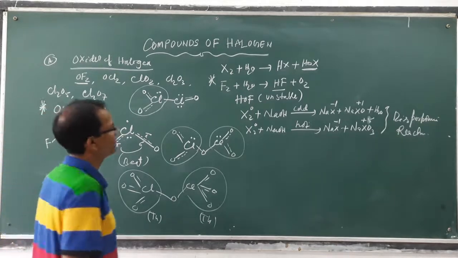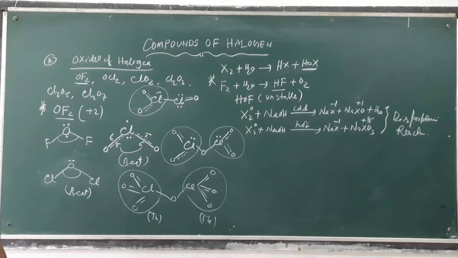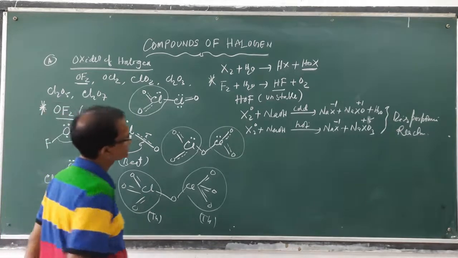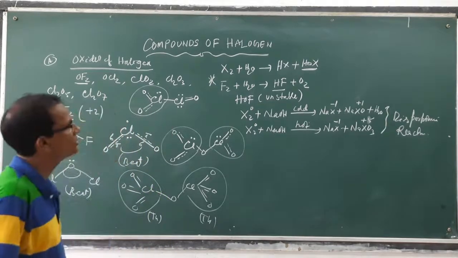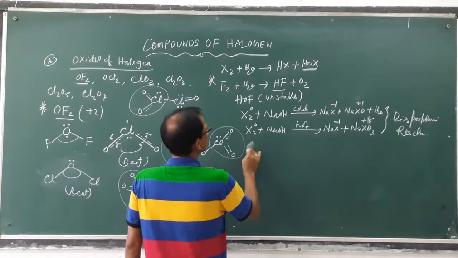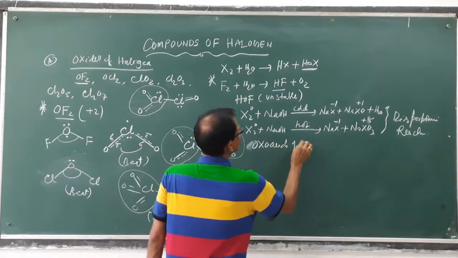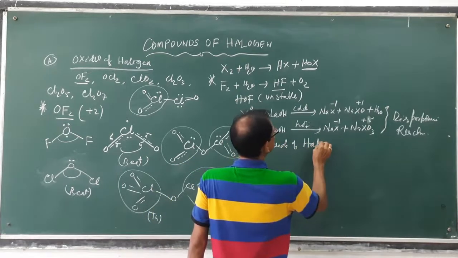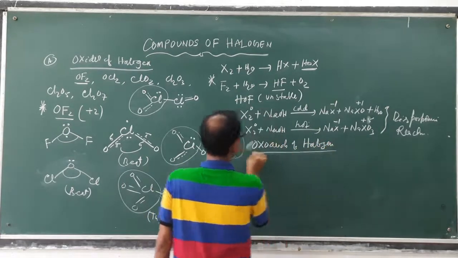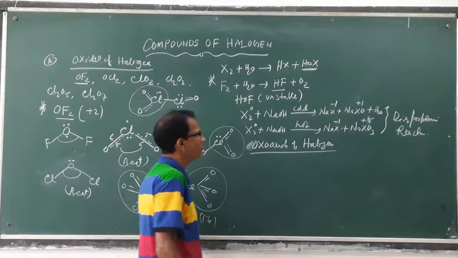Similarly, if you see the oxoacids of halogens, what are the oxoacids available?